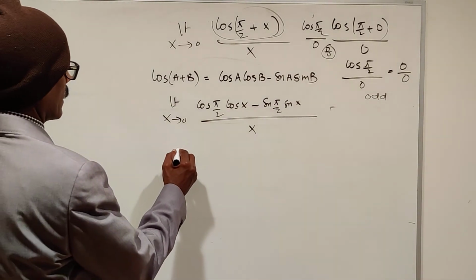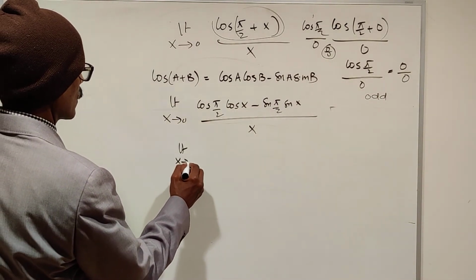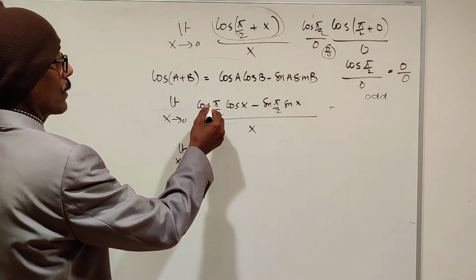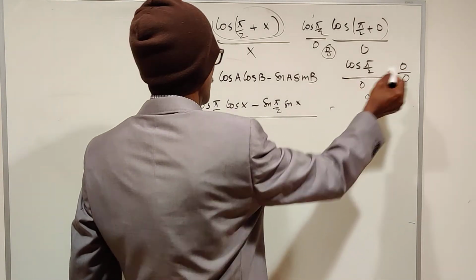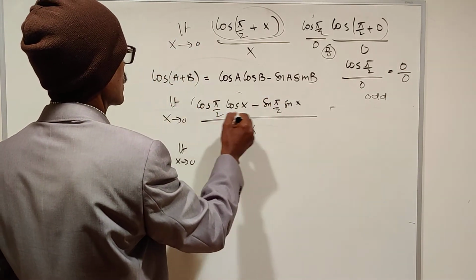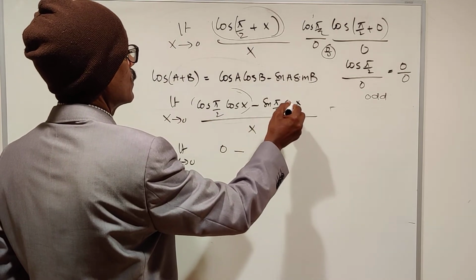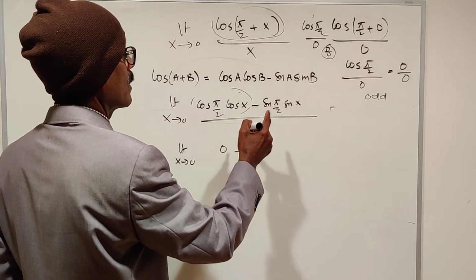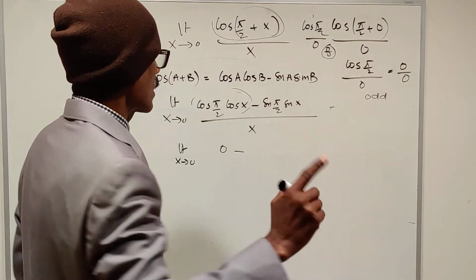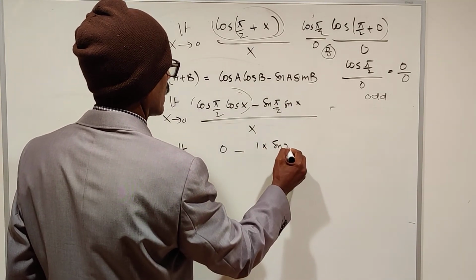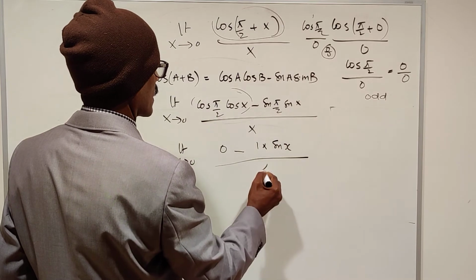Okay, then limit x tends to 0. What is cos pi by 2? Cos pi by 2 is 0, so this one cancels out. 0 minus sin pi by 2. Sin pi by 2 is what? Sin pi by 2 is 1. 1 times sin x divided by x.